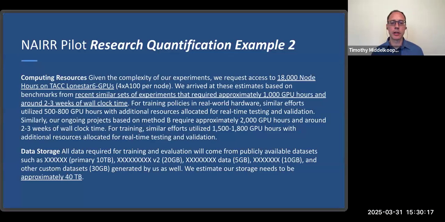Upon initial inspection, there are lots of numbers apparently from benchmarks. However, it is not clear how those benchmarks are related in scale or complexity to the proposed work. And the benchmark requirements are not connected to the total via some numbers of anticipated training and tuning computations. There needs to be some multiplication and addition, and the numbers need to actually add up to the total. Make it easy for the reviewer to see and check your math.